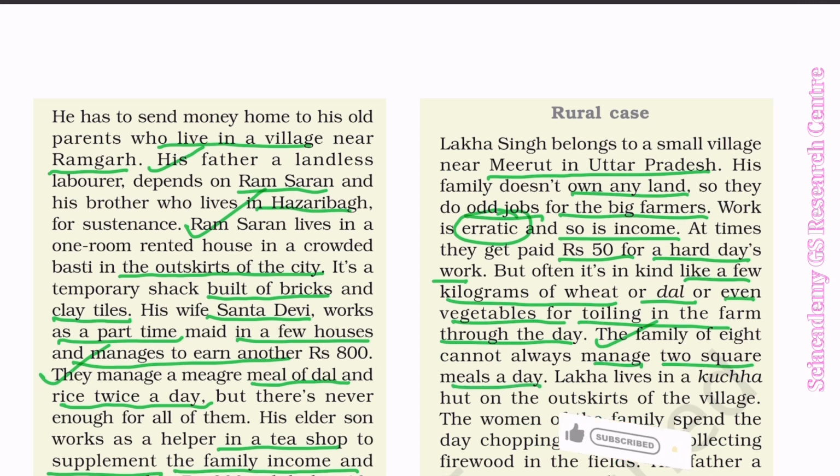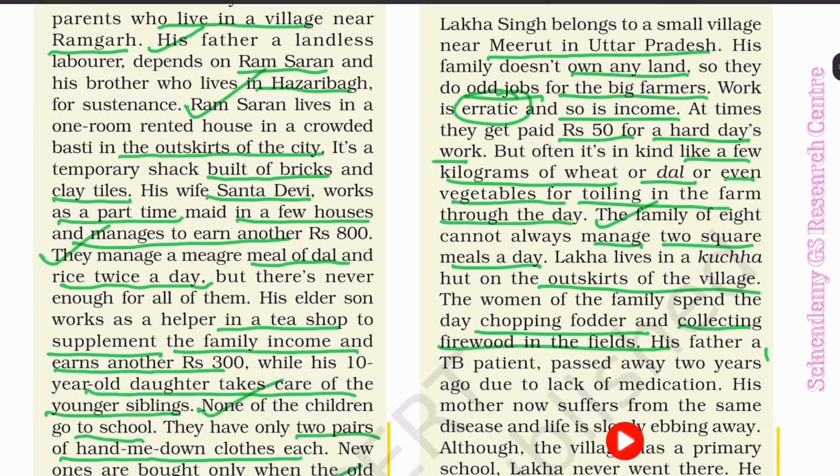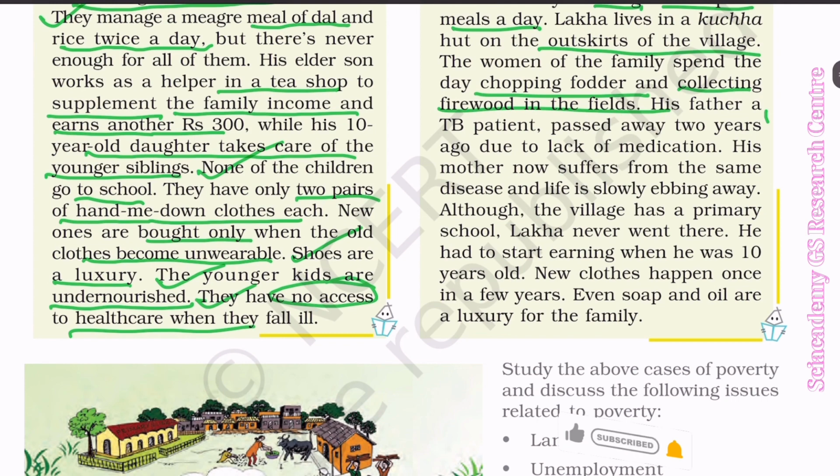Lakha lives in a kacha hut on the outskirts of the village. The women of the family spend the day chopping fodder and collecting firewood in the fields. His father, a TB patient, passed away 2 years ago due to the lack of medication.